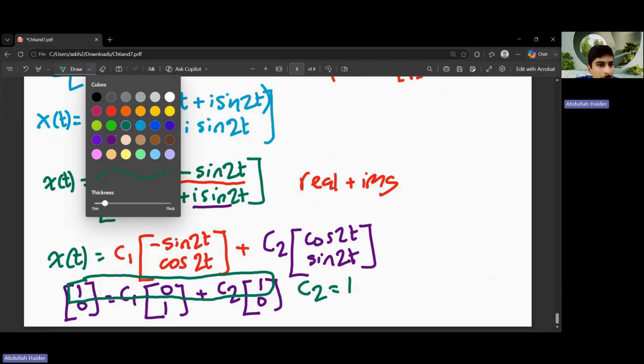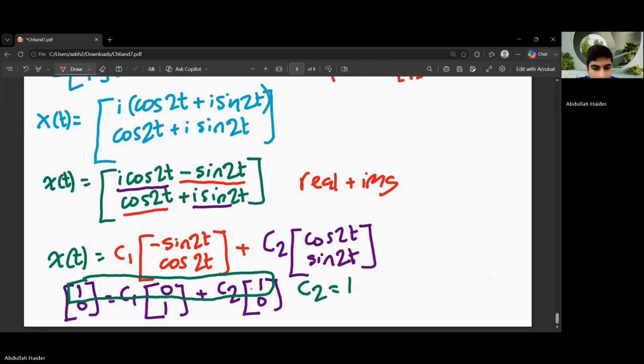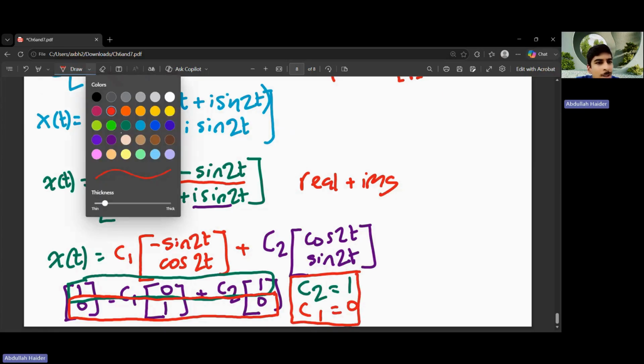And if you consider the bottom part, 0 equals C1 times 1 plus C2 times 0. So your C1 is going to be 0. So you have C2 equals 1 and C1 equals 0.